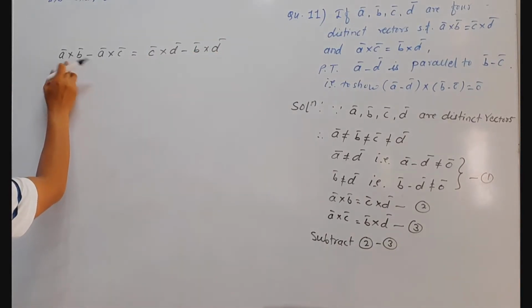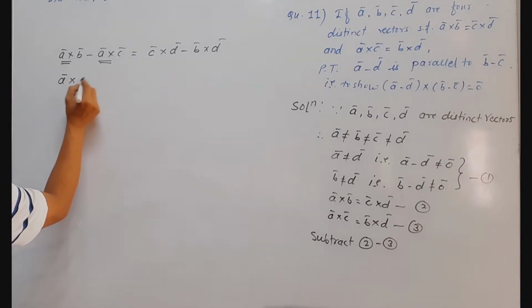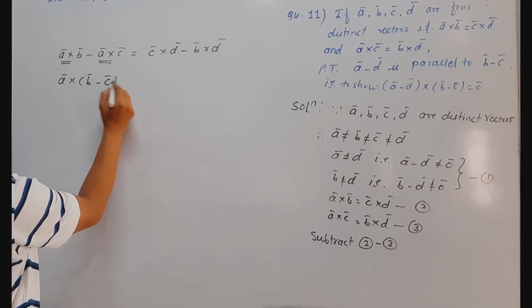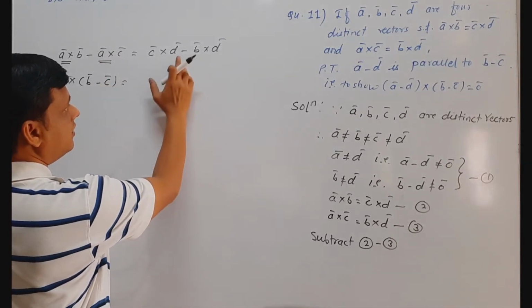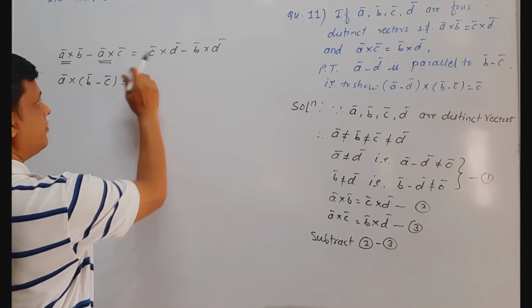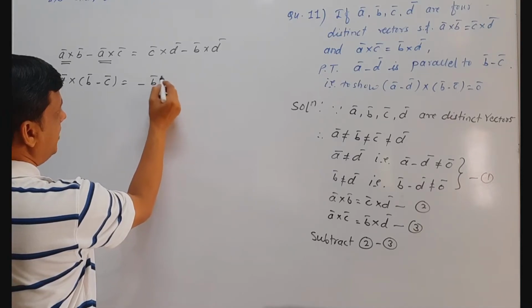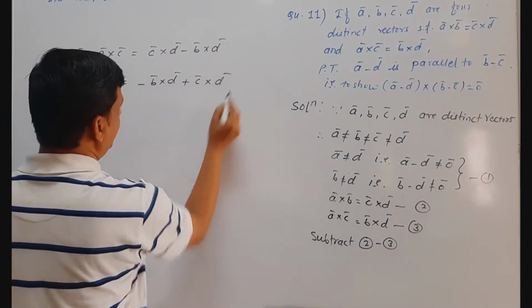Here we take a bar cross common, so we write a bar cross (b bar minus c bar) equals. Now we can take vector d common, so we write this as minus b bar cross d bar plus c bar cross d bar.